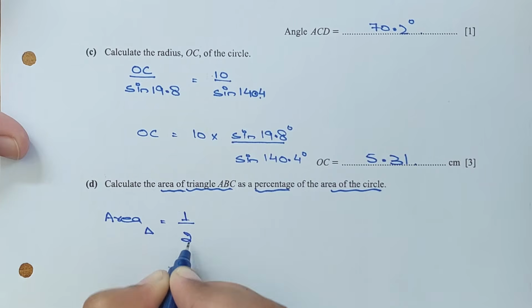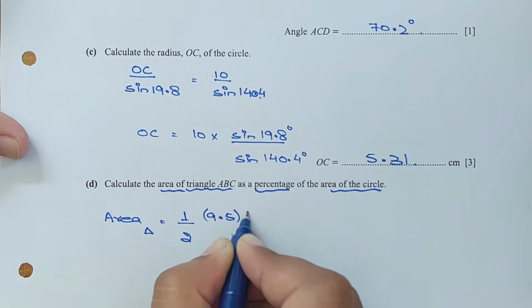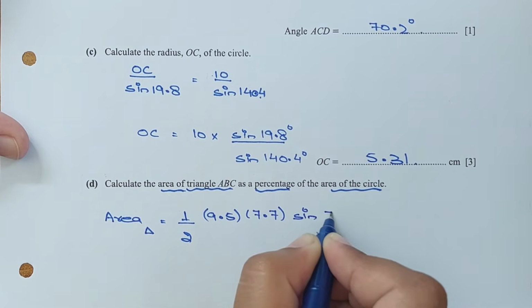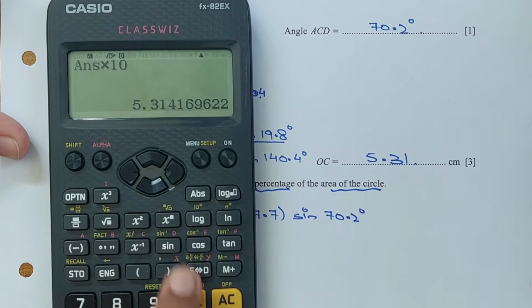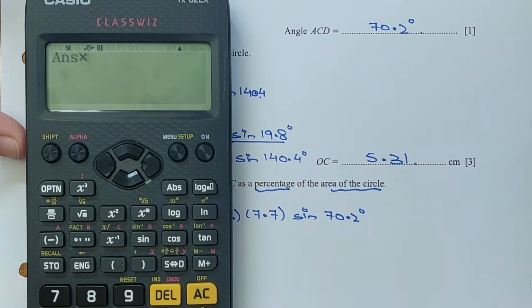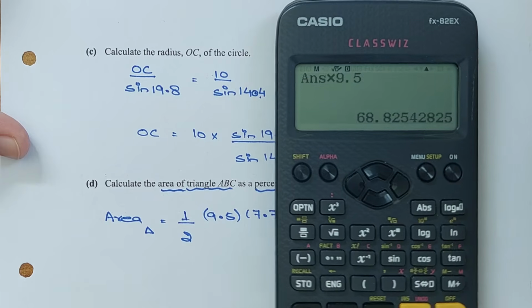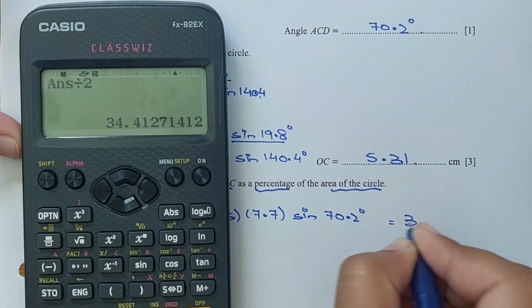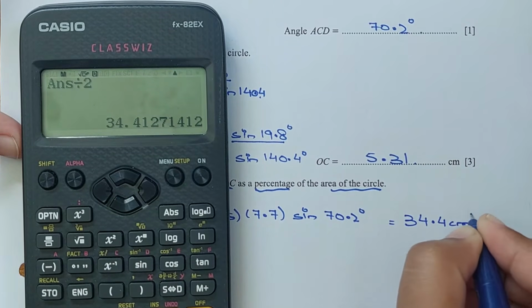Half 9.5 into 7.7 and sine of 70.2 degrees. Okay, sine 70.2 times 7.7 times 9.5 divided by 2, 34.4. This is centimeter scale.